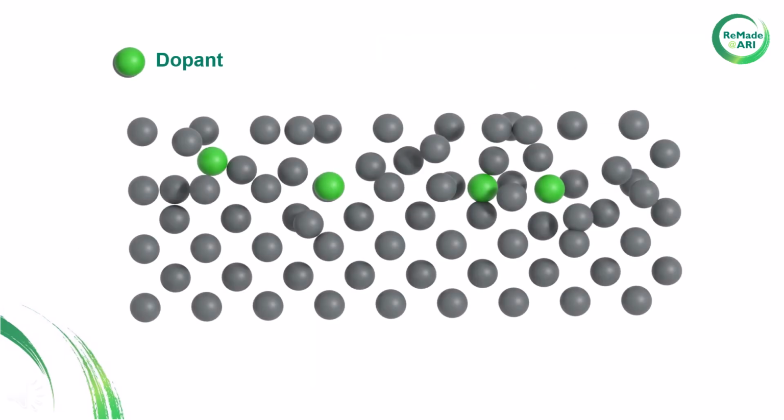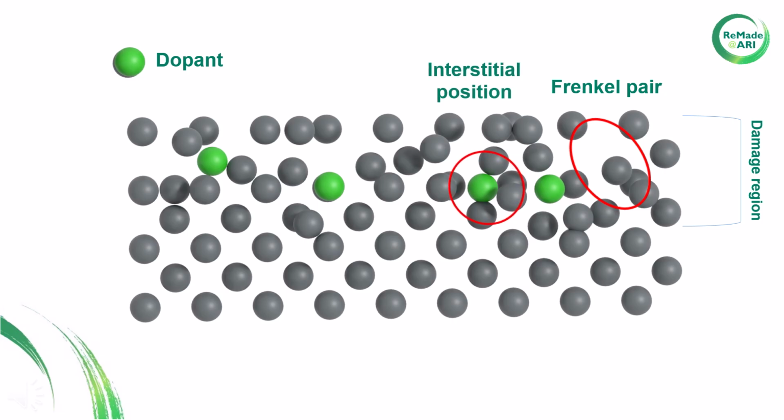Displaced atoms may occupy interstitial positions between lattice atoms, leaving behind a vacancy, forming a Frenkel pair, or they may replace a lattice atom, resulting in a substitutional position. Similarly, implanted atoms can occupy either interstitial or substitutional sites. Atoms located in interstitial sites partially block the main channels, and the resulting damage can be analyzed by RBS in channeling mode.